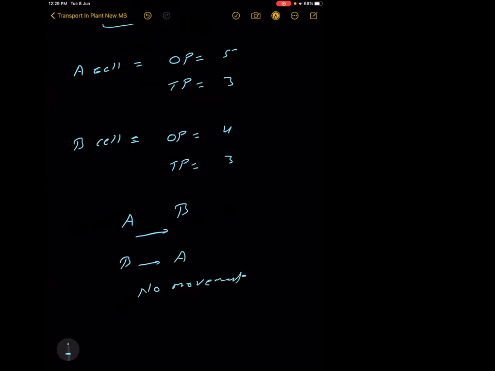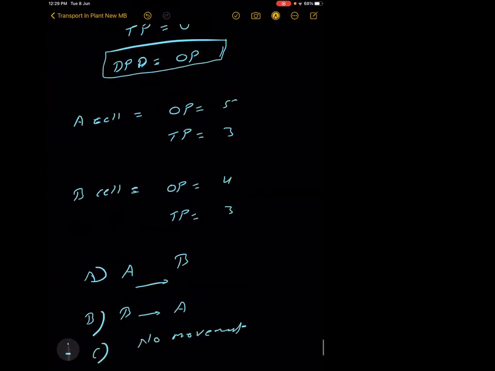What is the DPD in A? In A cell, the DPD is 2. In B cell, DPD is equal to 1.